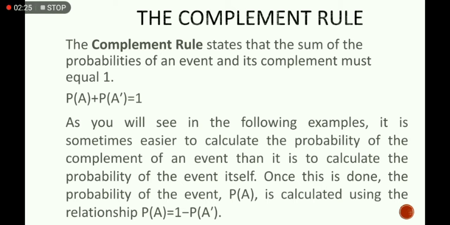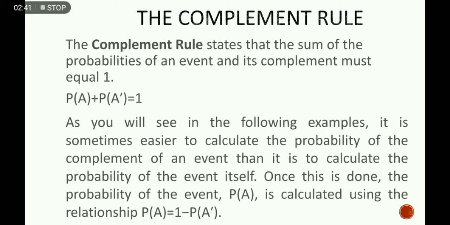So dito, para madali mong mahanap kung ano man yung hahanapin mo, kung yung event A ba or yung complement nito, tandaan nyo lang tong formula na binigay and pwede mo siyang manipulate by transposing lang.